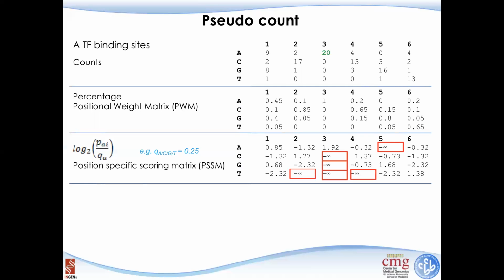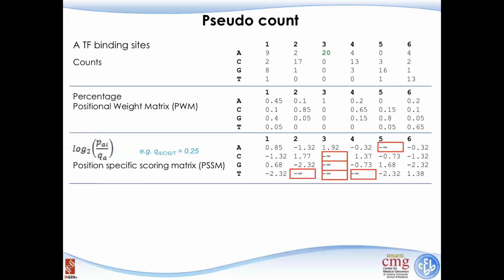Then what can we do? If I say I have a sequence like A, T, A, T, A, C, then what's the score? What's the score you can get? Negative infinity, right? It's hard to give a score.